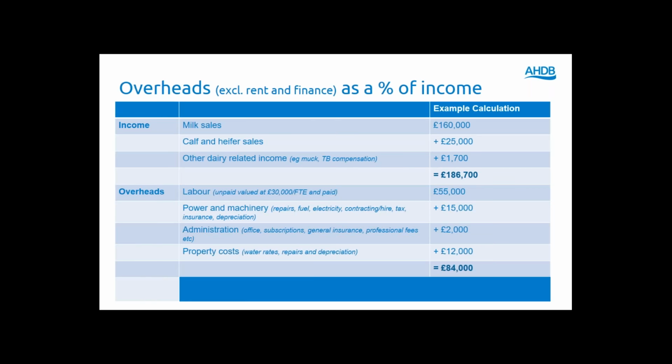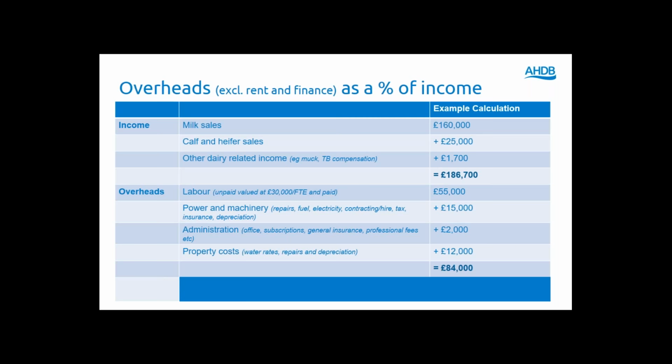And then overhead is labour, power, machinery, administration, and property costs, basically. It doesn't include rent and finance. So CFP benchmarking don't look at rent and finance. There's two reasons for it really. One, it's a way of comparing between farms.